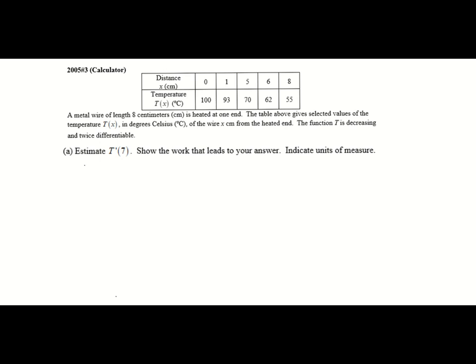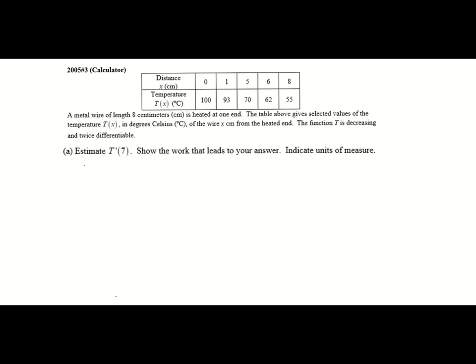Indicate units of measure. Okay, so first let's talk about what the situation even is, what's happening. We have distances and we have temperatures. We've got a wire. Okay, imagine you're holding a wire not with your hand because it's hot, maybe with some pliers or some kind of safety device, and one end of it is being heated.